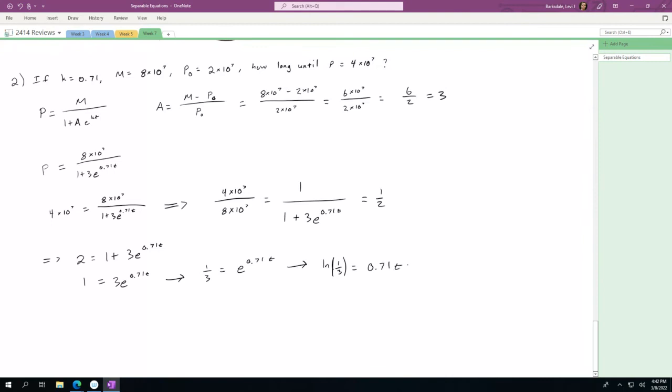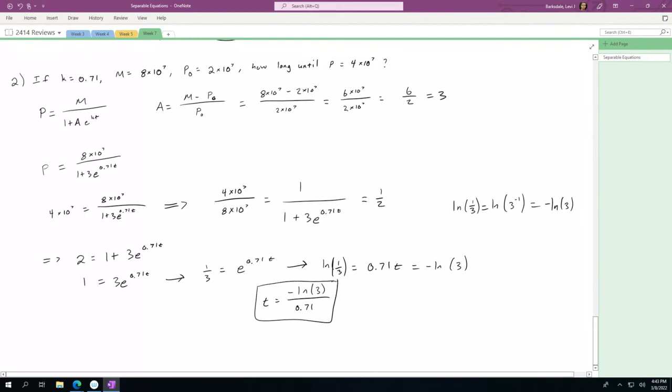Now I don't like having a fraction in my natural log, so I'm going to write natural log of 1/3 as the natural log of 3 to the negative first, or negative natural log of 3. Which then tells me that t is equal to the negative natural log of 3 divided by 0.71. And that would be the first time that my population hits 4 times 10 to the 7th.